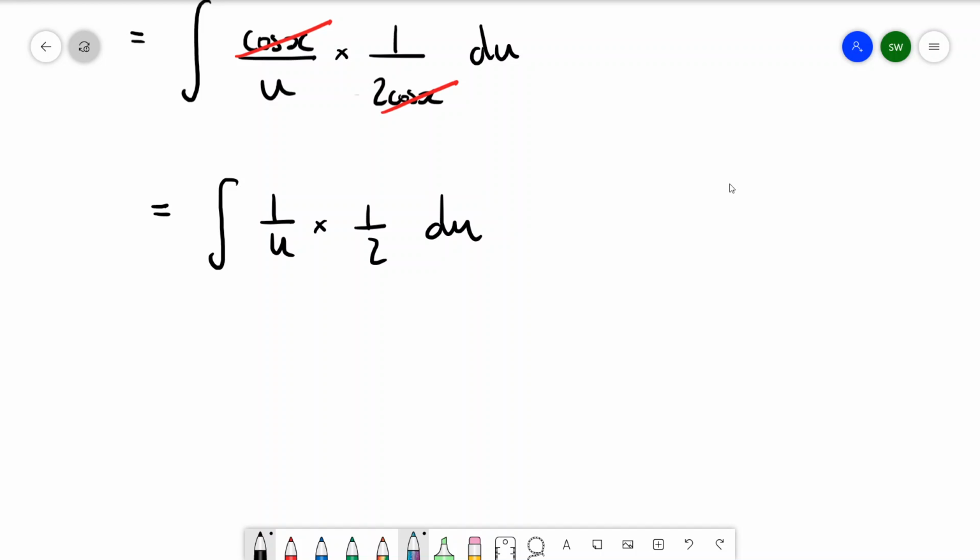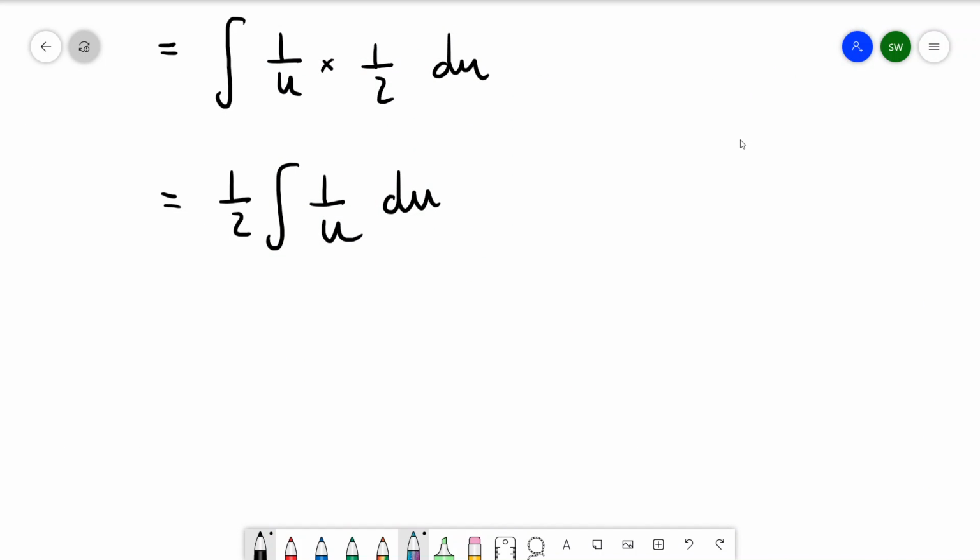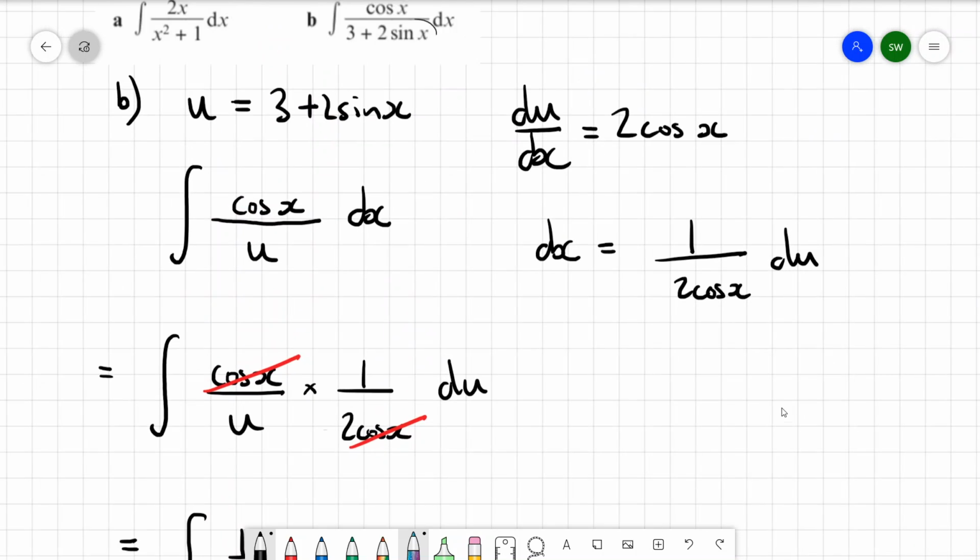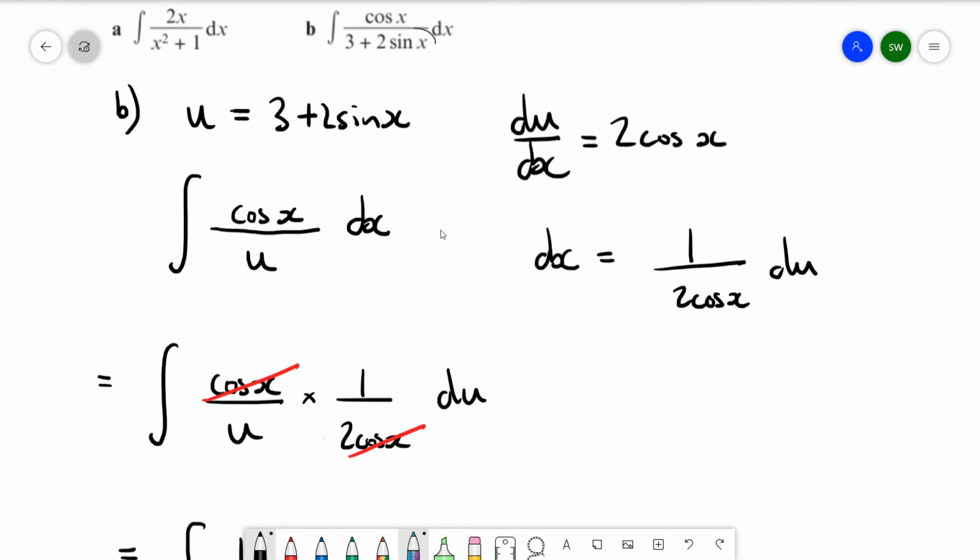And then at this point I'm going to take the half outside of the integral, and we're going to have a half integral of 1 over u du, and we know that the integral of 1 over u is natural log of u. But remember, we need to sub back in for u equals 3 plus 2 sine x.